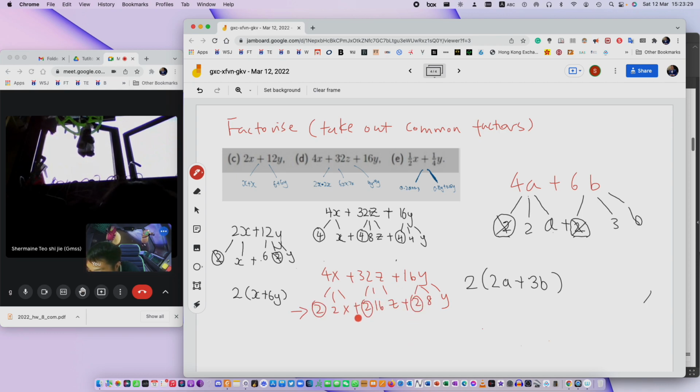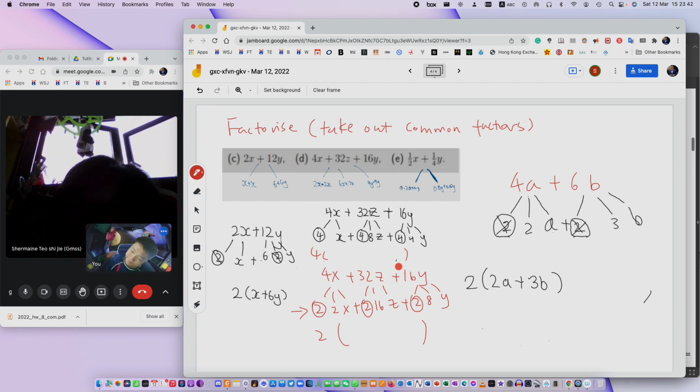So my way, if I do it this way, 2 is common, right? If you do it your way, 4 is common. So who is correct? Who is wrong? Then how do you decide?